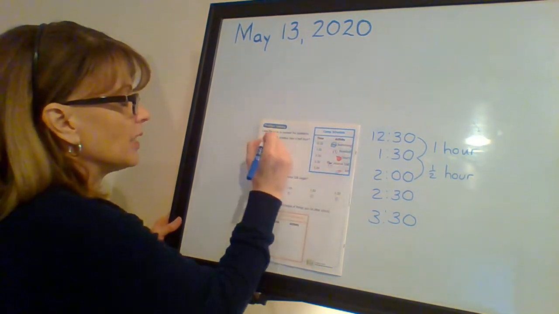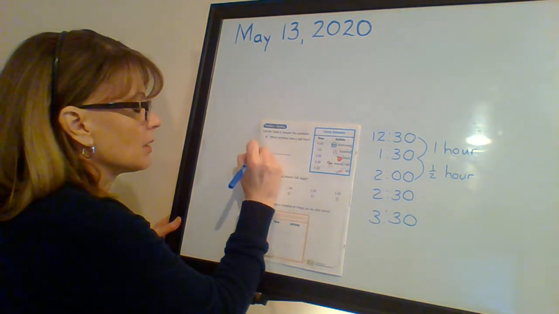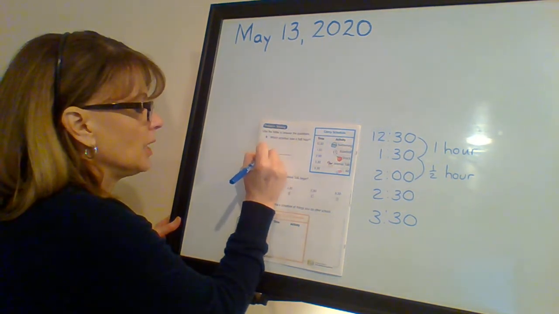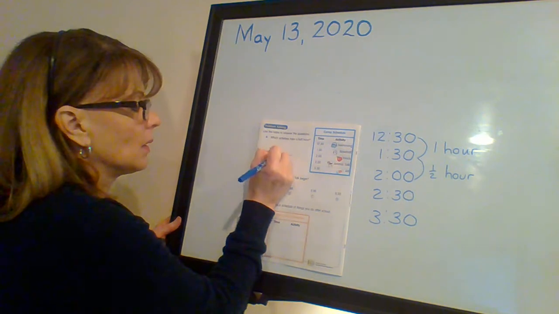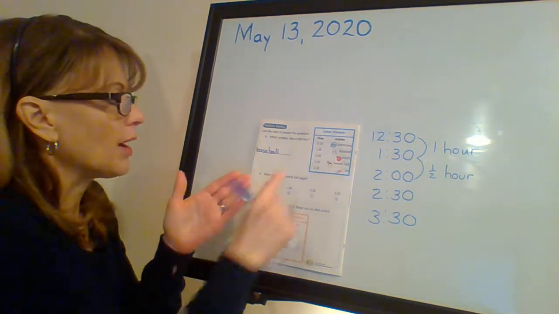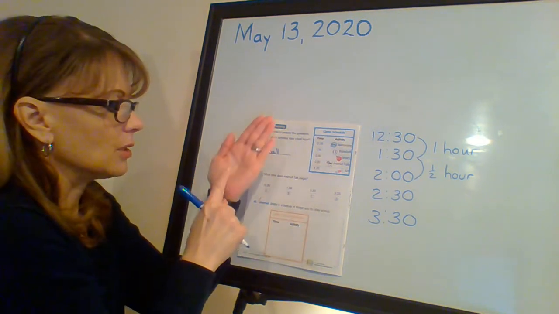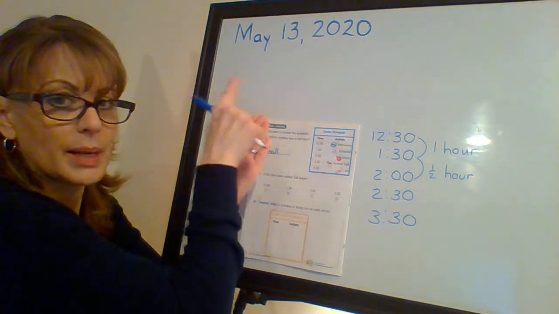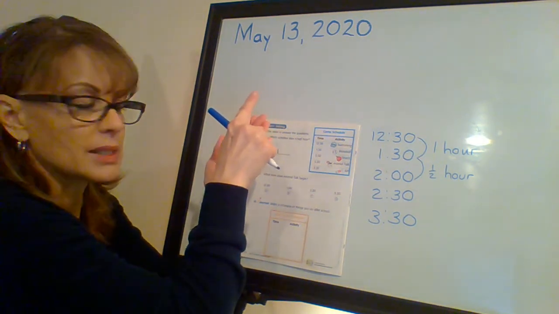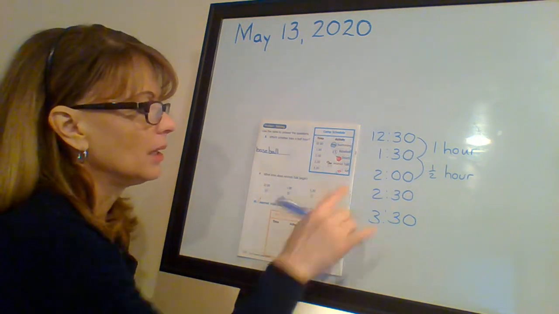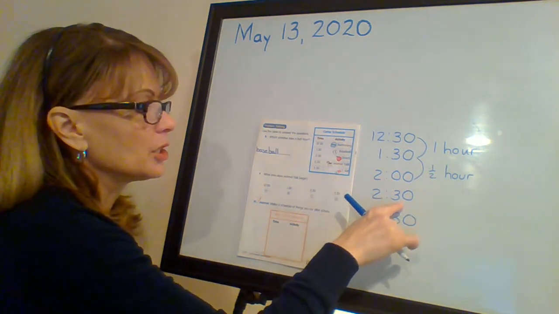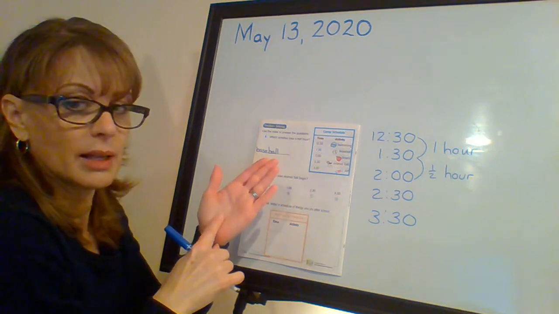So that activity is baseball. So I'm going to write baseball over here. Do you understand that to go from 1:30 to 2 o'clock, that minute hand was on the 6 and it went up to the 12? So that's a half hour. Okay. 2 to 2:30. So you're at 2 o'clock.